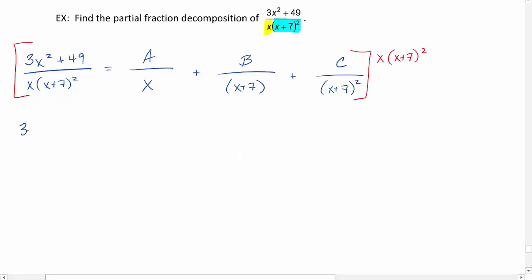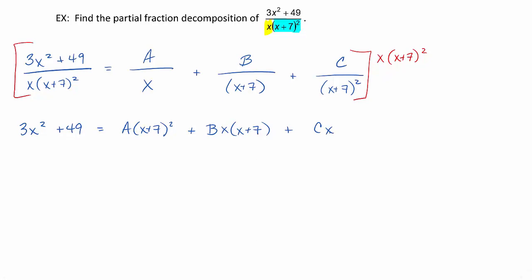That'll give us 3x squared plus 49 equals A times x plus 7 squared plus B times x plus 7 plus C times x. Now we're going to multiply everything out on the right-hand side, combine any like terms, and then start grouping things, like get all our terms that have an x squared together, x's together, and then our constants together.